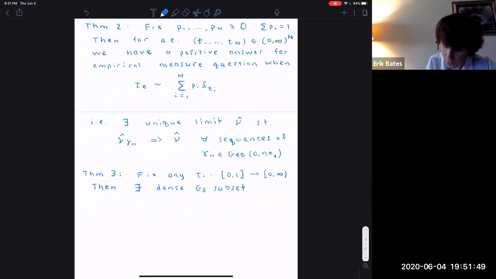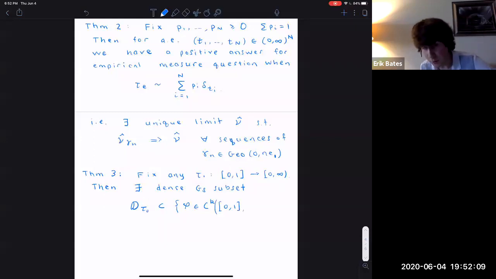So I have to tell you what it's a subset of in order for you to understand what dense means. It depends on tau naught, but it's a dense G delta subset of the Banach space CK, where here CK is a set of K continuously differentiable functions on the unit interval.